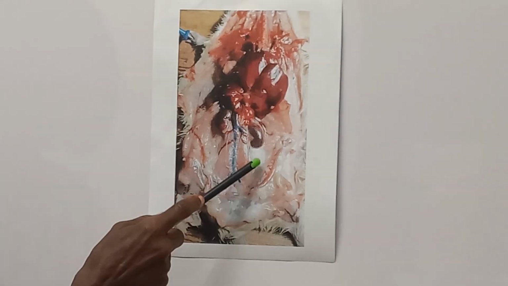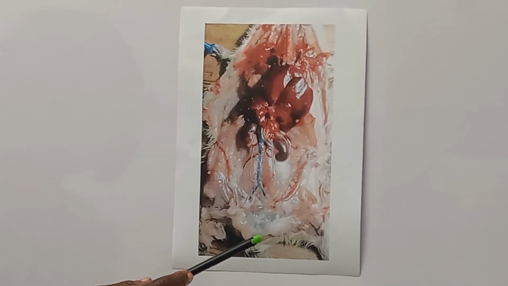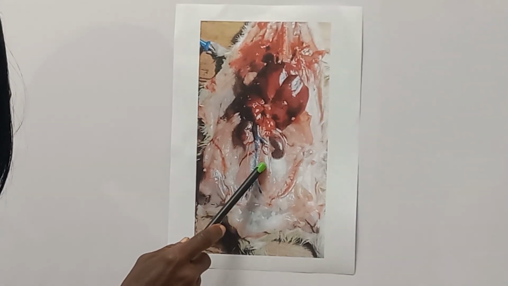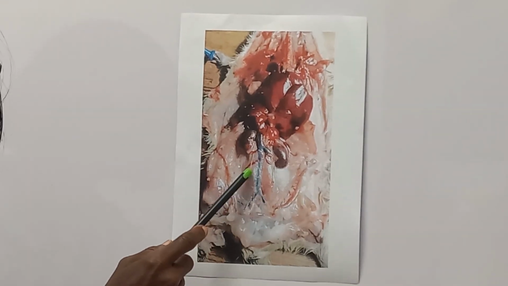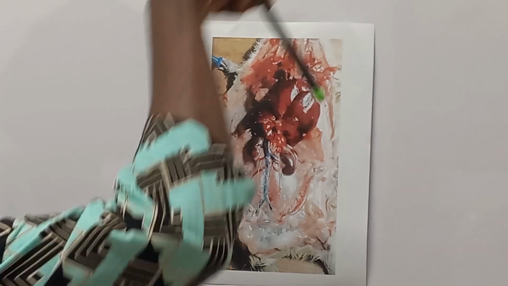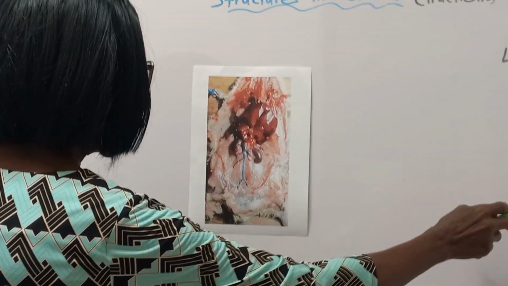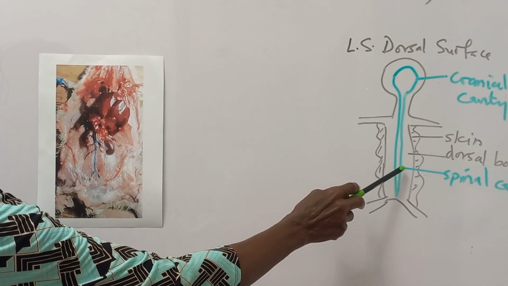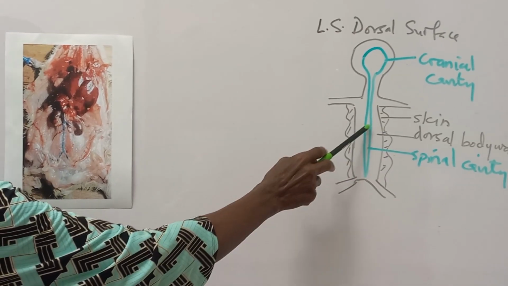So here is also the section through the albino rat. This is the dorsal body wall. Look at all the many structures attached to the dorsal body wall. And this dorsal body wall, if we look at it from behind, we will see the vertebral column that has a space, and that forms the spinal cavity in which lies the spinal cord.